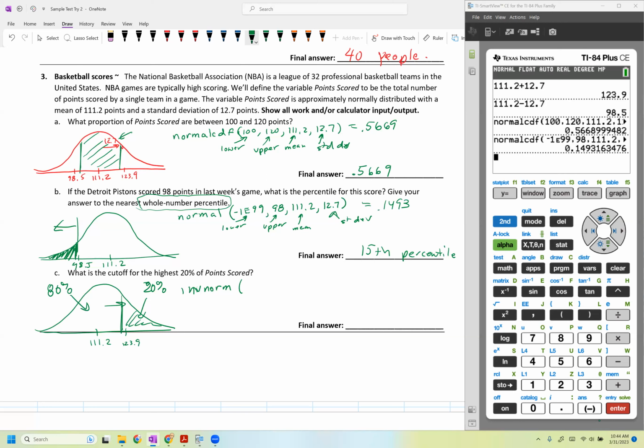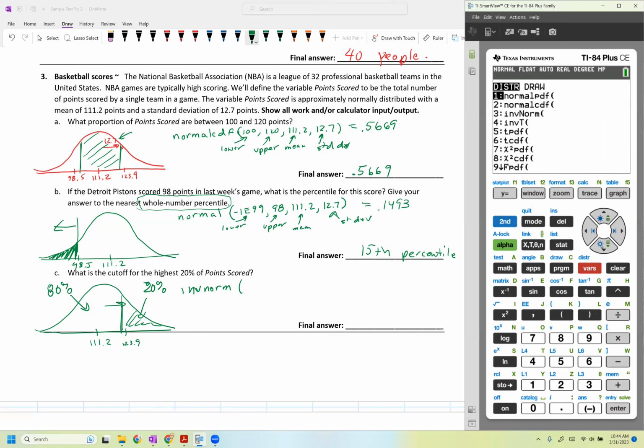So if you have the newer calculator, the TI-84 CE, you could say inverse norm, and you could specify we want the area to be 20% from this distribution that's centered at 111.2 and has a standard deviation of 12.7, and we want that 20% to be on the right tail.